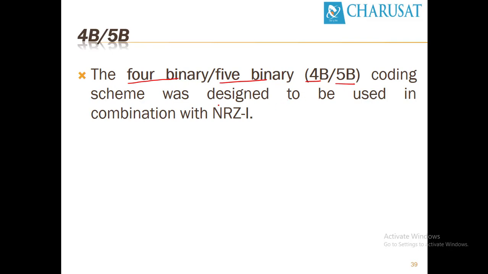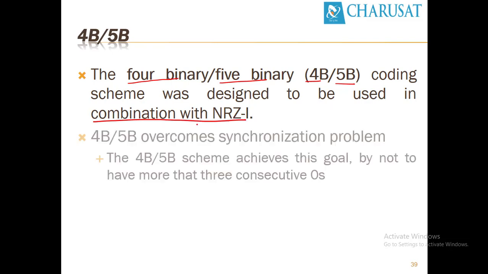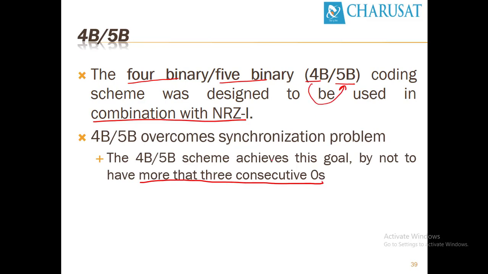The 4B/5B method is applied in combination with NRZ-I. 4B/5B overcomes synchronization problems by ensuring that there won't be more than 3 consecutive zeros in the stream.